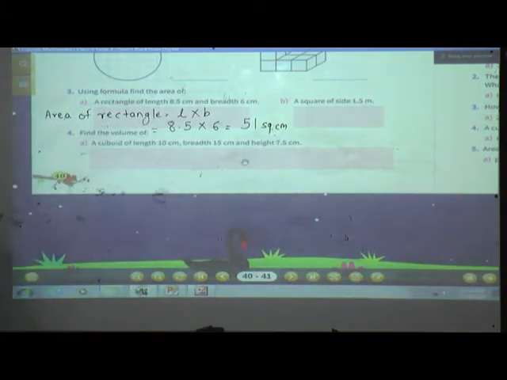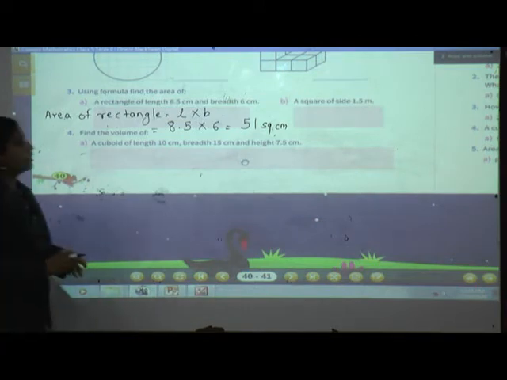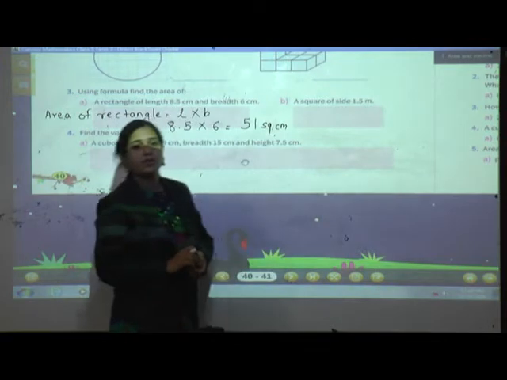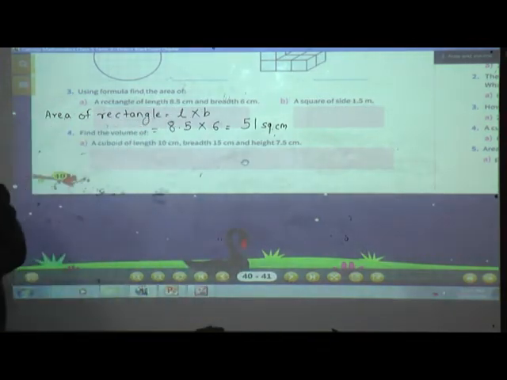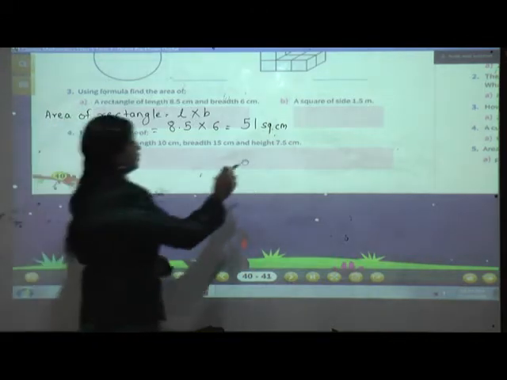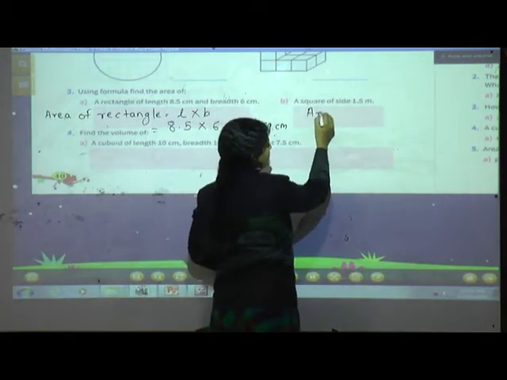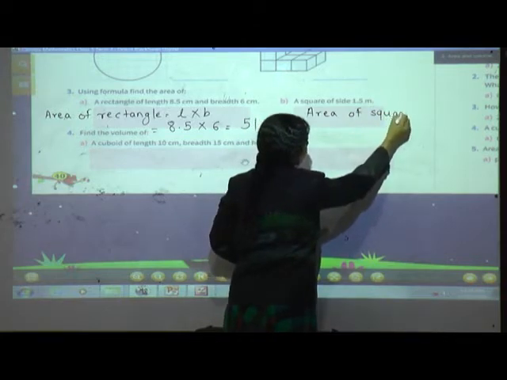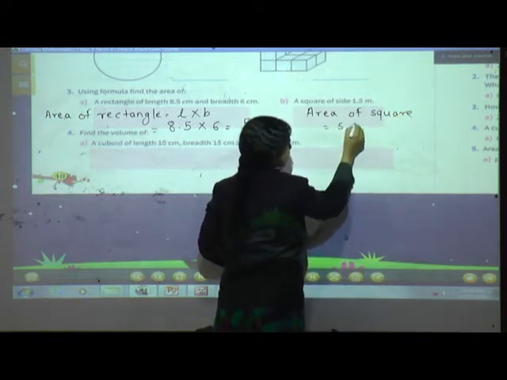Okay, now B1. A square of side 1.5 meter. Students, what is the formula of area of square? Yes, area of square is equal to side into side.